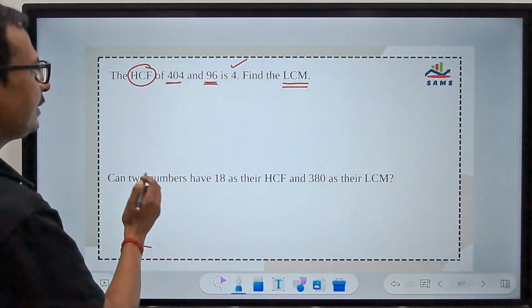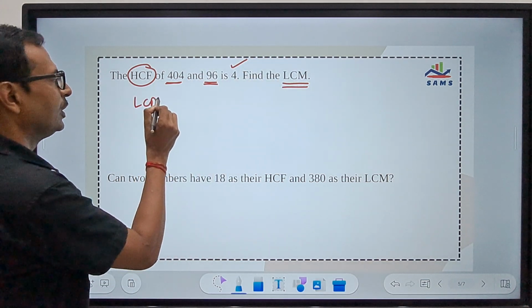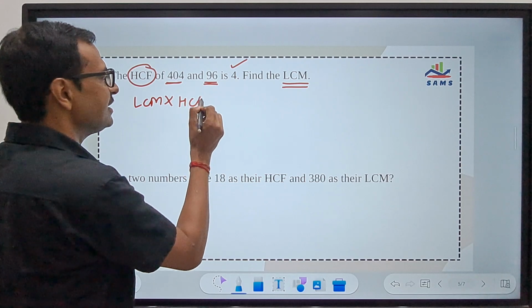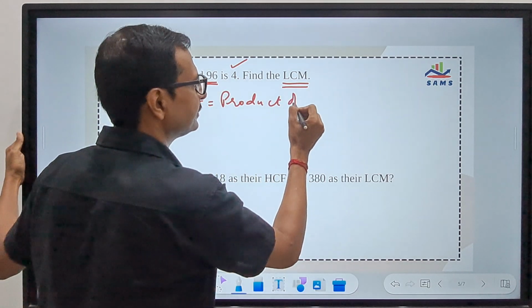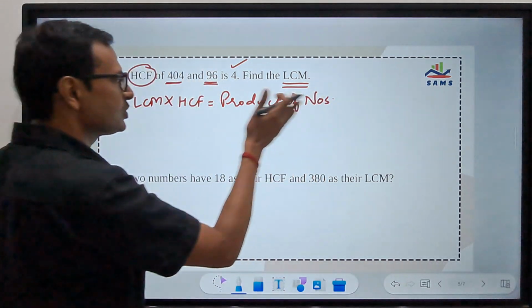We can actually find it directly because we know that LCM times HCF is equal to the product of numbers, right? So let's put whatever is known.